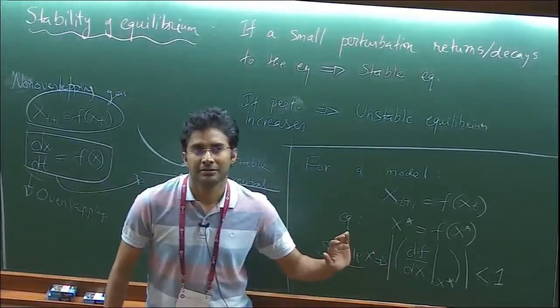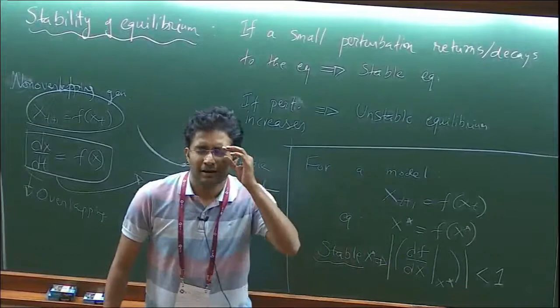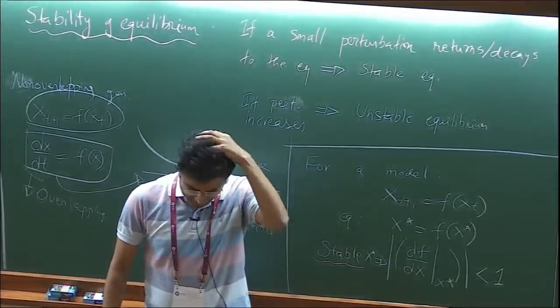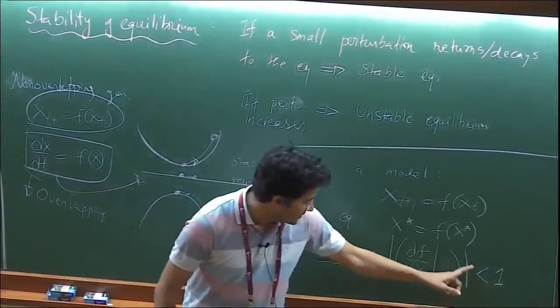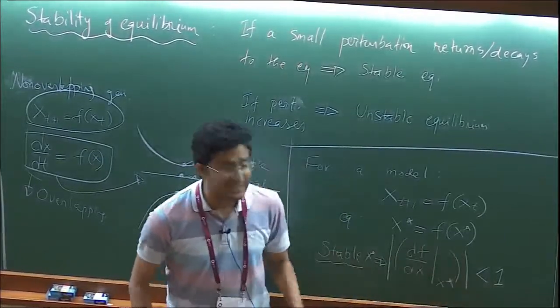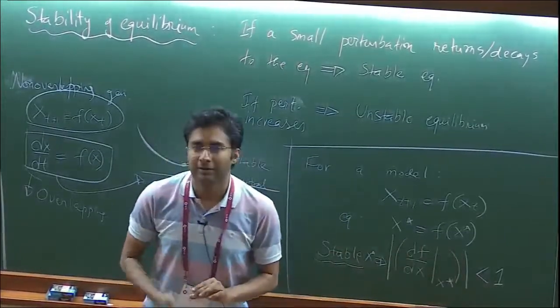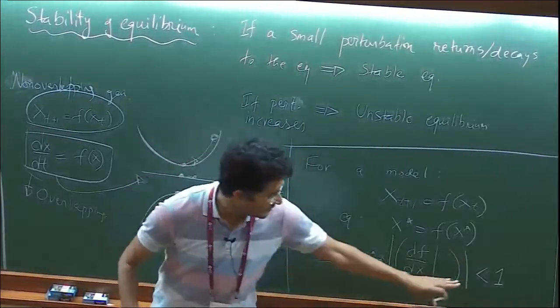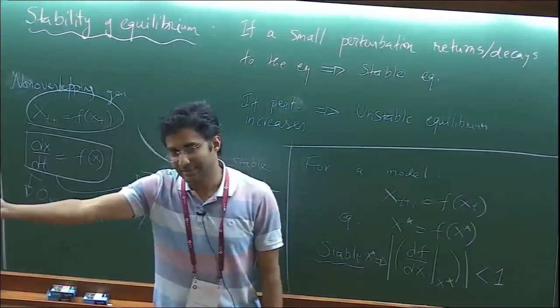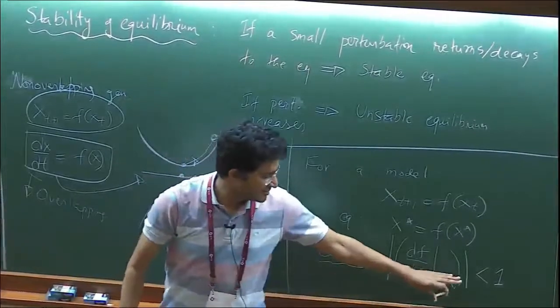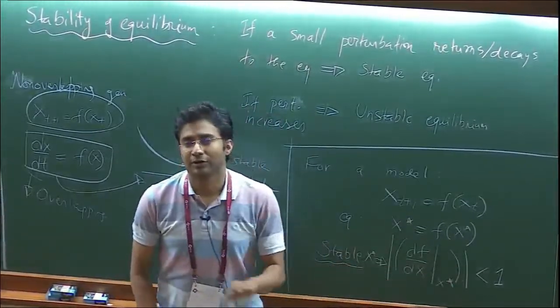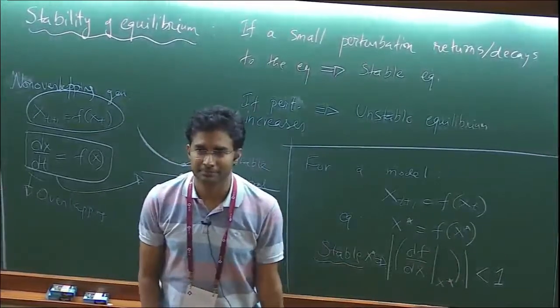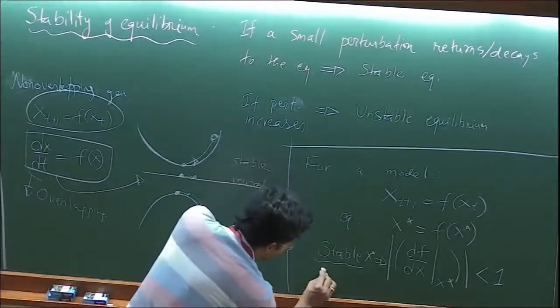Okay. However, hold on for a second. What I wanted to say was, it's possible that you will have a case when the magnitude of this derivative is equal to 1. If it's greater than 1, it's obvious it's unstable. If this modulus is less than 1, it is stable. If it's equal to 1, you are not sure whether it is stable or unstable.